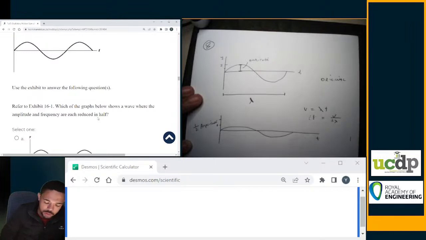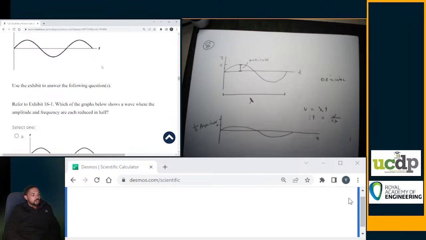And it will start going that way again. So if we halve the frequency, the wavelength doubles, meaning only half of this sine wave will be up to that point.